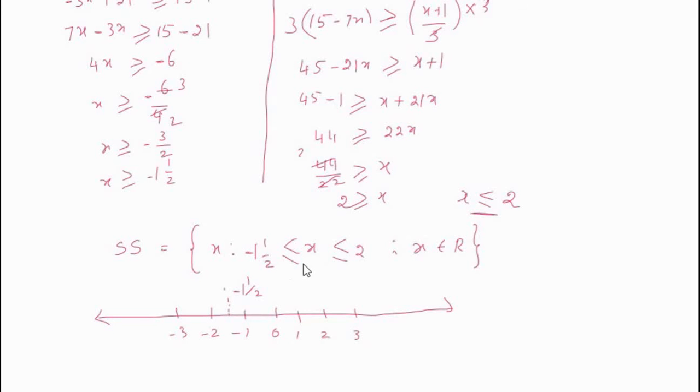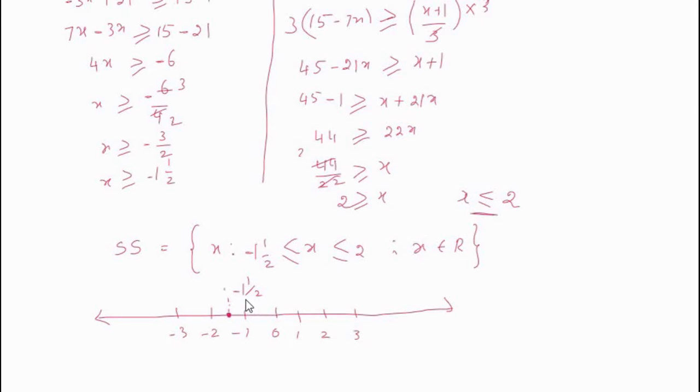Now x is greater than or equal to minus 1 by 2. So this is the point. X is greater than or equal to also. So this is also part of the solution. In the earlier case, we did not mark the fraction because that was the whole number. But here it is a real number. So every number is a part of the solution here.